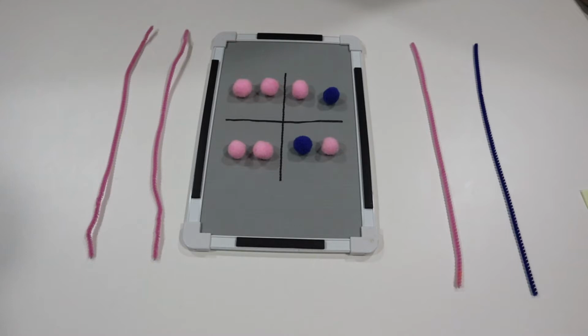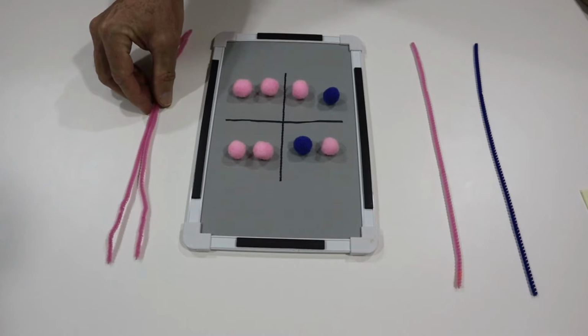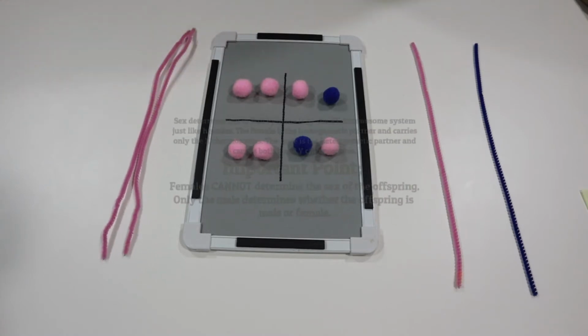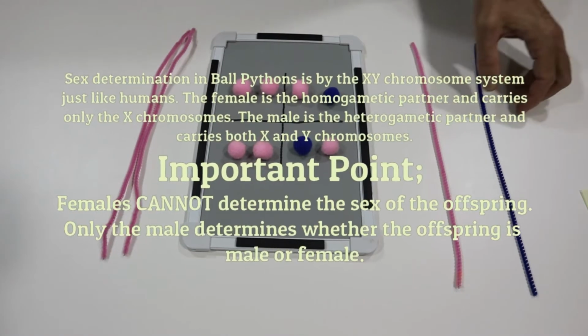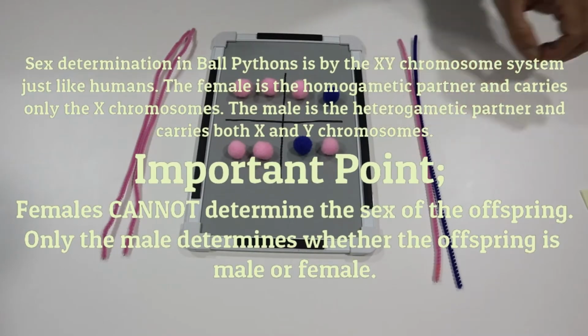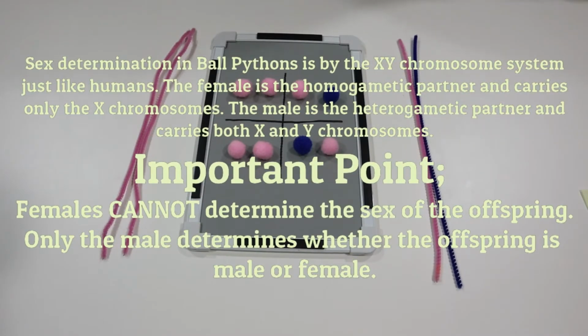Of course, it's exactly the same in humans. It's 50-50, and it's the male sperm that determines whether the offspring is going to be male or female. The female is only carrying the X chromosome on both halves of her genetic material. The male is carrying an X on one side and a Y on the other, and that's what makes him a male.